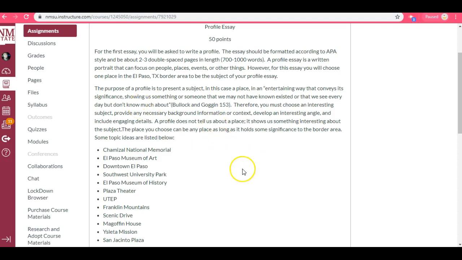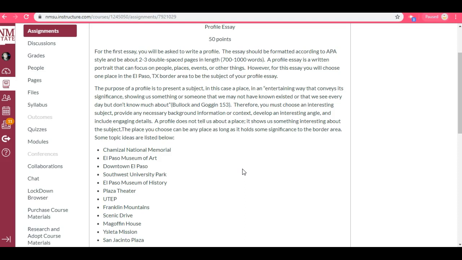For example, if we were to write a profile essay on the Cathedral of Notre Dame, you could choose various angles. One angle could be that it is a place where people go to find hope and faith. Another angle could be that it is a place that has withstood the test of time and is still standing, so it is a symbol of perseverance.